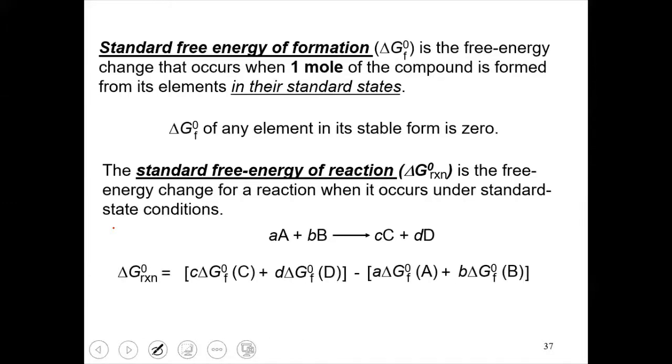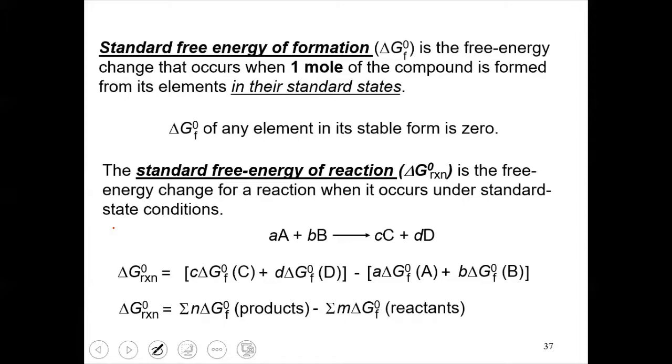So you would have essentially the negatives of the standard free energies of formation of reactants and the actual standard free energies of formation of products. So when you add all that up, essentially we're talking about the summation of delta G of formation of products minus the summation of delta G's of formation of the reactants. And that is essentially what we're talking about.